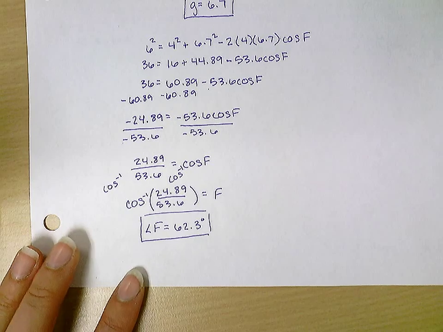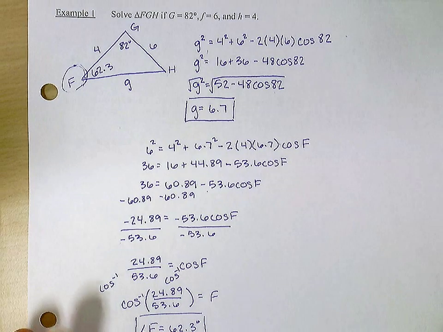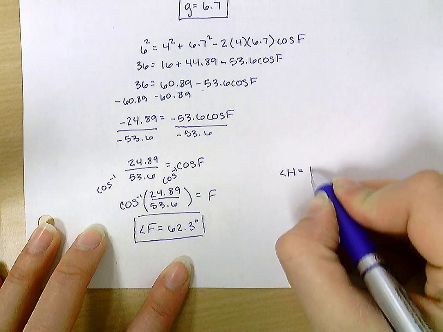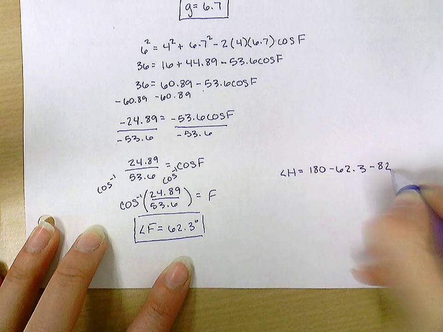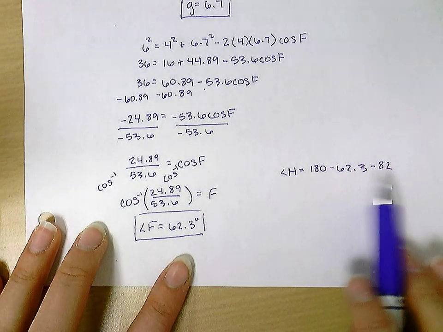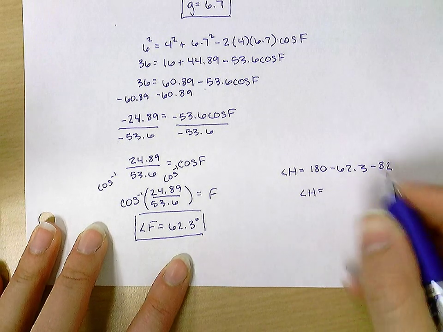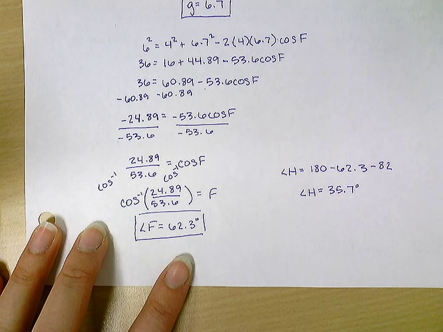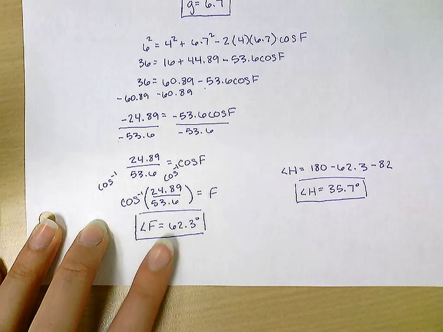Okay, so angle F is 62.3. So now I have two of my angles, right? To find the third, angle H, subtract both of those from 180. Okay, so subtract the two angles I know from 180. And that's 35.7. Or 36 if you rounded this to 62.